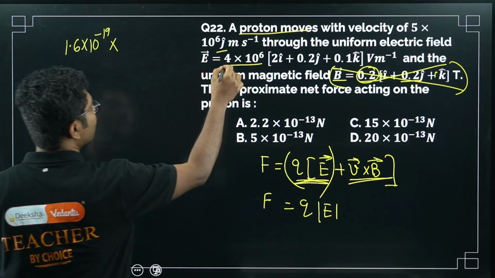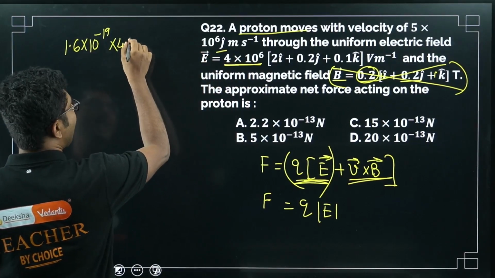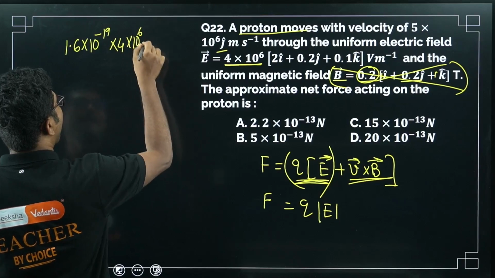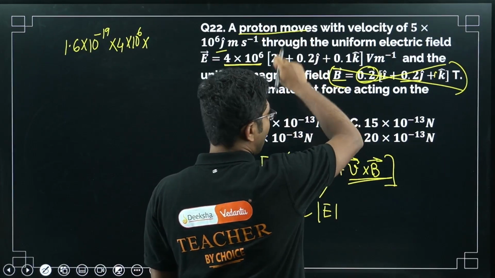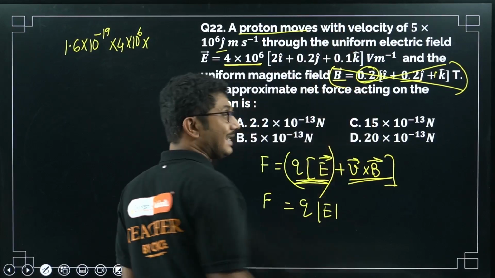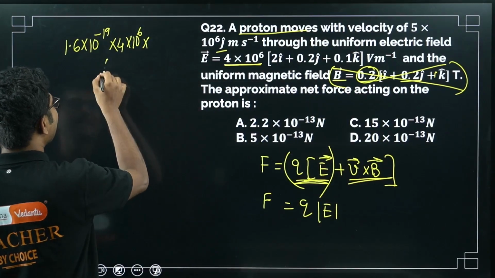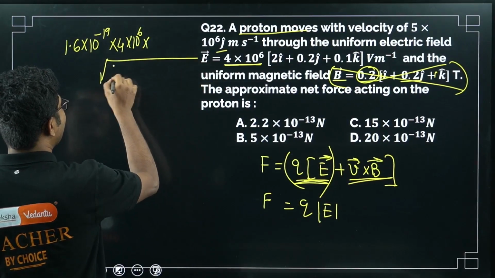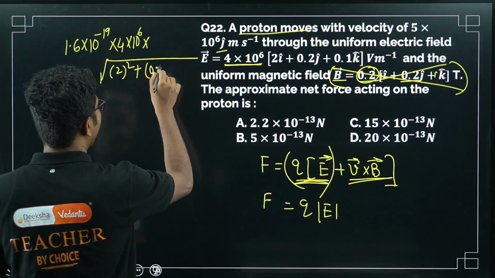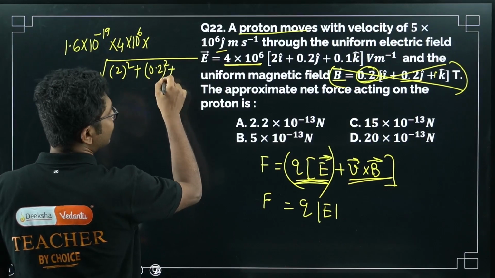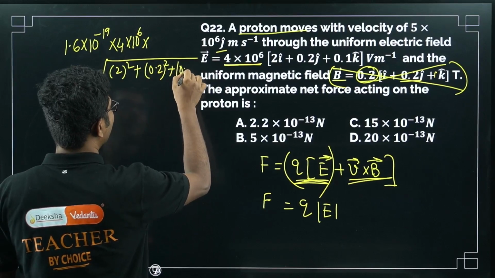First of all, this is a constant, so we will write it as it is. Now for A i cap plus B j cap plus C k cap, we can write the magnitude as the square root of A square plus B square plus C square. Okay, magnitude we are trying to find.